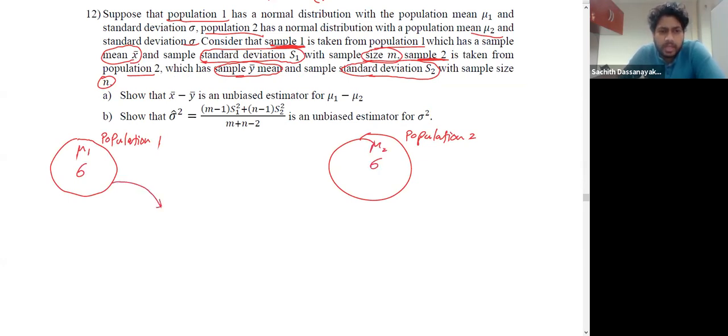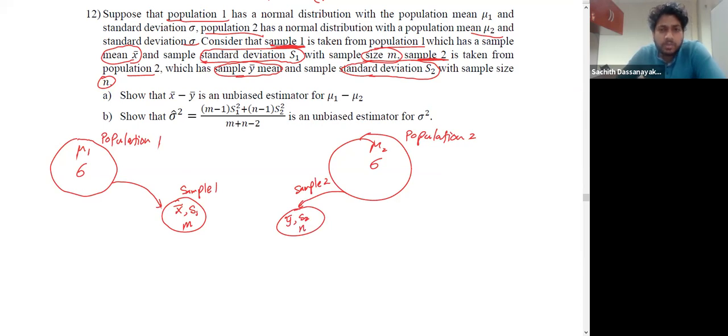From population 1, I have taken a small sample, sample 1, which has mean x bar, sample standard deviation S1, and size m. Another sample from population 2 is called sample 2. Sample mean is y bar, sample standard deviation is S2, and sample size is n.